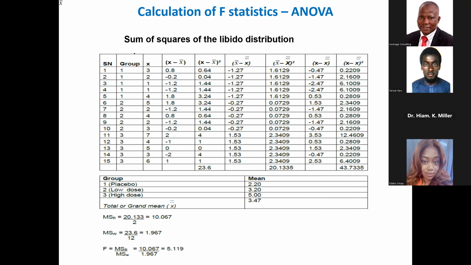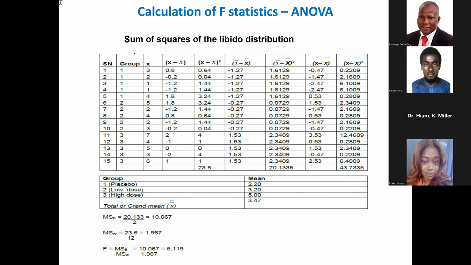The way we have arranged it from 1 to 15, each value 3, 2, 1, 1, 4, that's each value in column 3: 3, 2, 1, 1, 4, 5, 2, 4, 2, 3, 7, 4, 5, 3, 6. When you remove the grand mean from each of them, it gives you that second to the last column. When you square it, it gives you total sum of square.